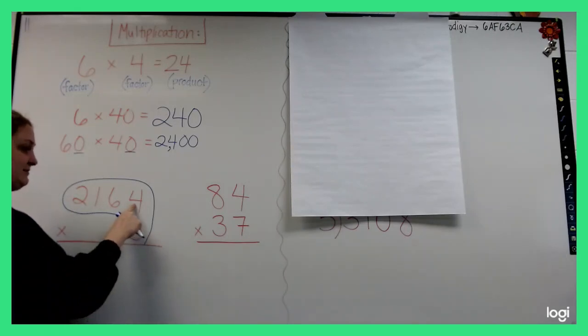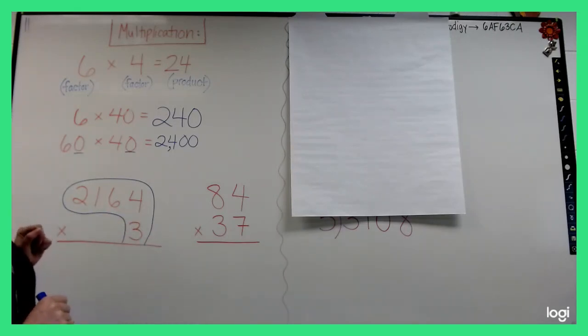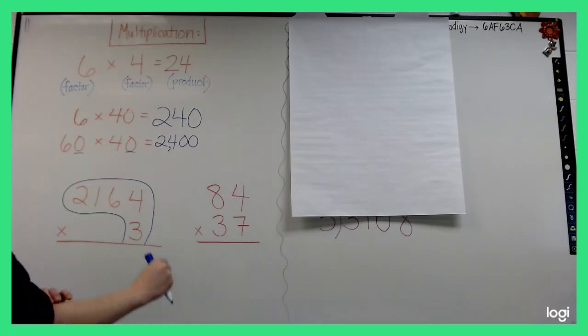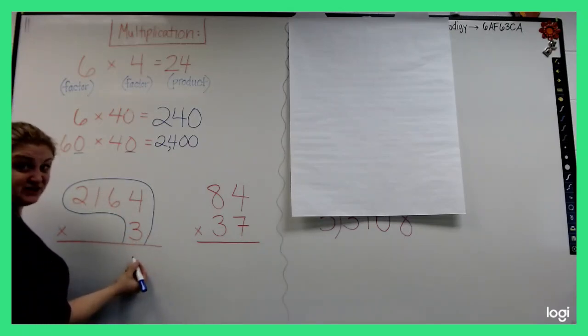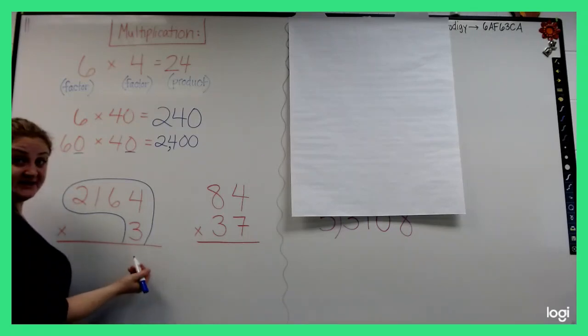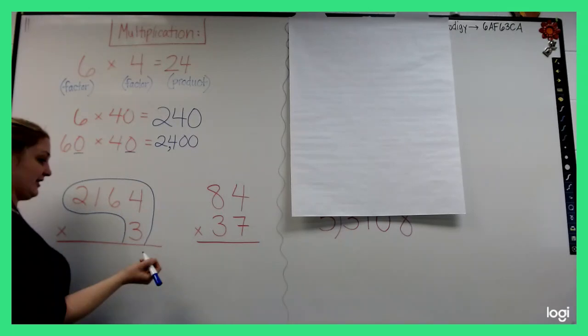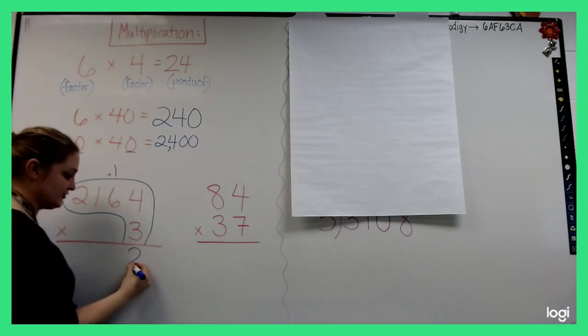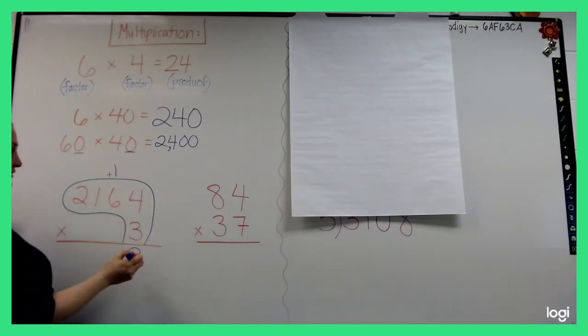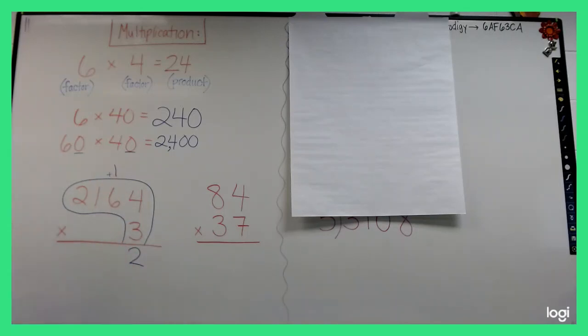So 3 times 4 is... Hopefully you all said 12. Remember, I can't write a 12 down here. I can only put 1 digit below. So just like in addition, if I have an extra value that goes to the tens, I have to carry it. So my plus 1 goes up above my 6. My 2 goes below because 4 times 3 is 12.